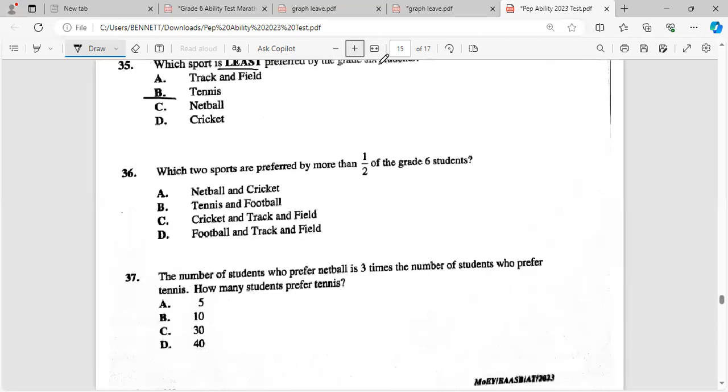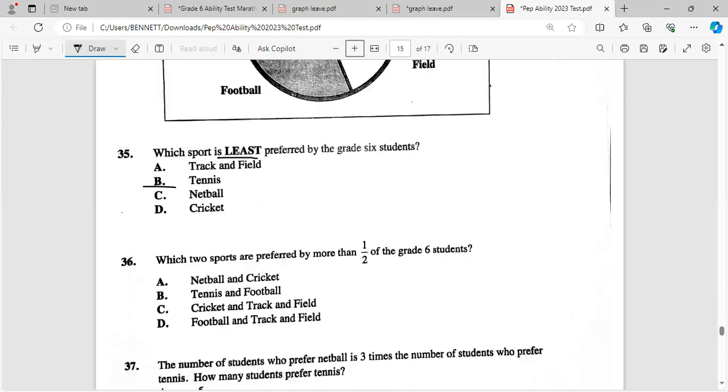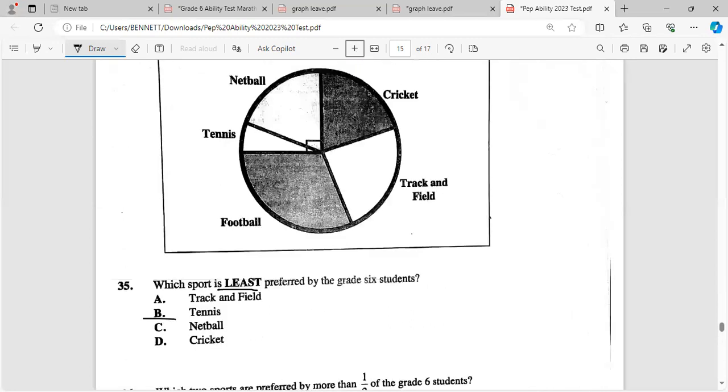Which two sports are preferred by more than half of the grade 6 students? Sir, can you scroll up? Yeah, I will.